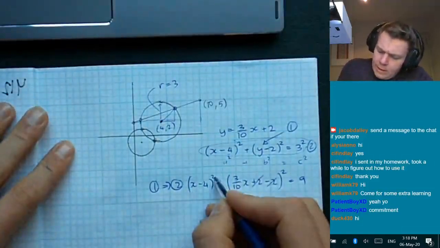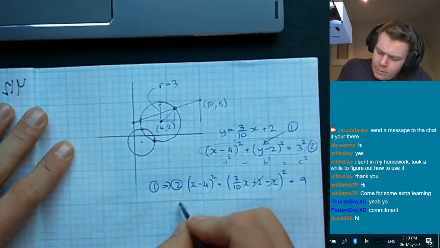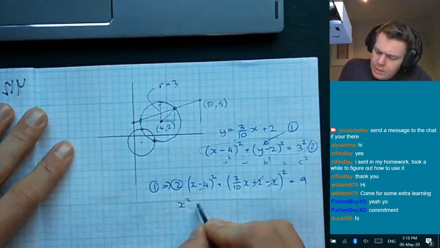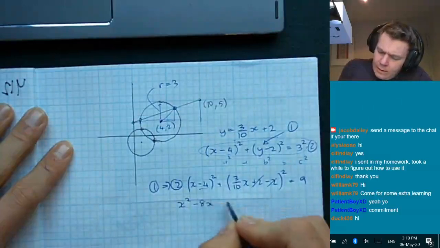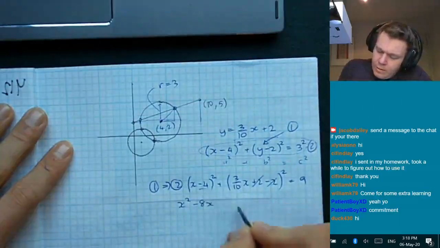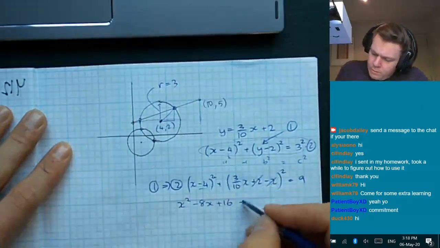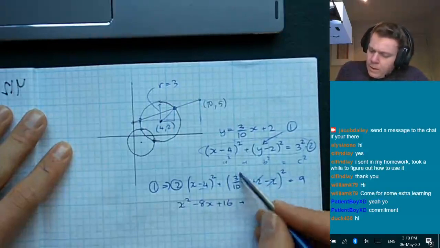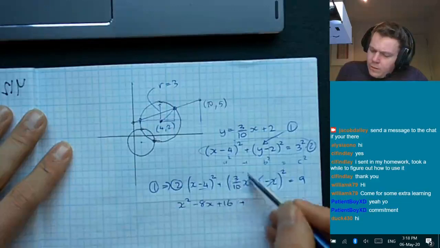When we expand out this set of brackets, we're going to get x squared, and then our middle term is twice that, minus 8x, and then our final term is this squared, so that'll be plus 16. Everything else has been cancelled out, so we just want to square this term.